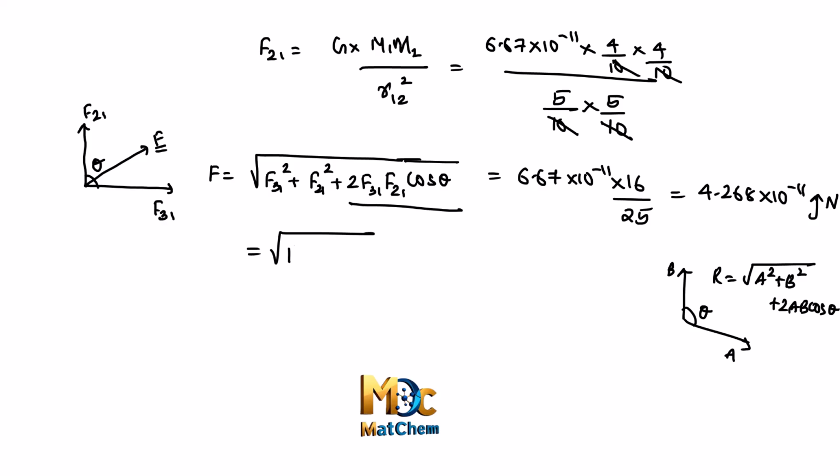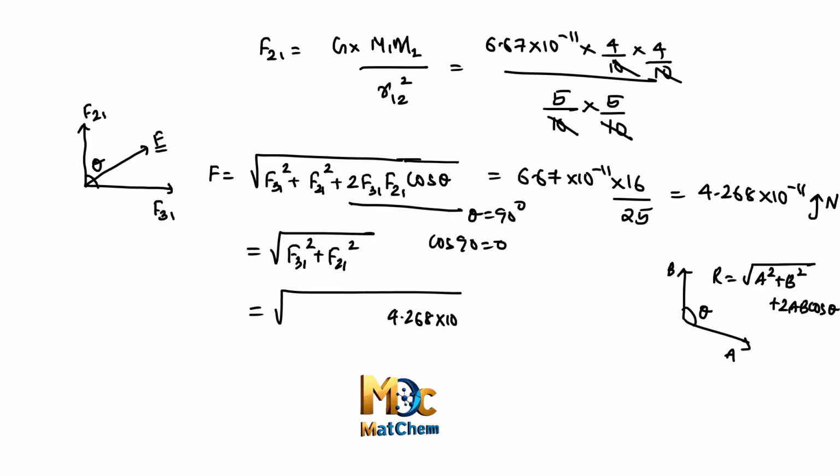So the remaining is F31 square plus F21 square, because cos 90 equal to 0. This can be written as the square root of 4.268 into 10 raised to minus 11 the whole square, plus F31, which is 6.67 into 10 raised to minus 11 the whole square.